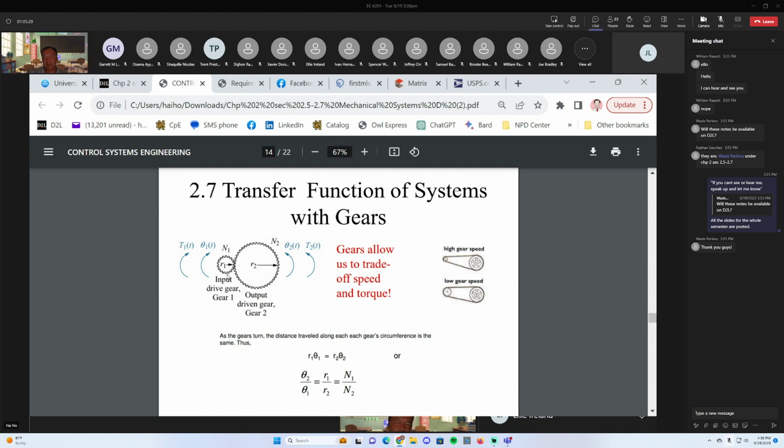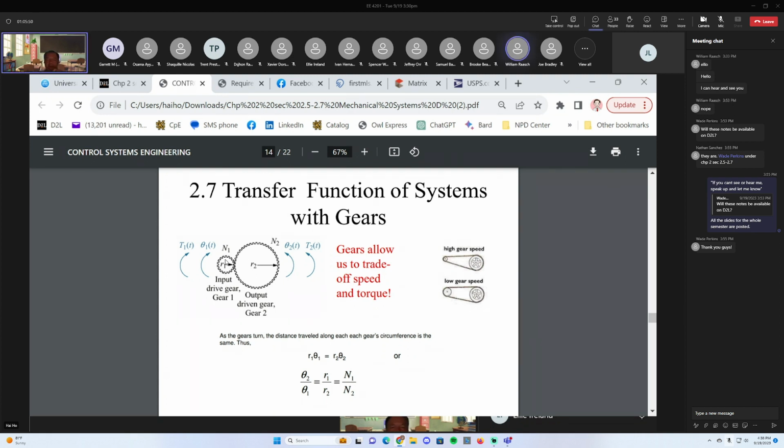So in this class, think of the small gear as the input gear and the big gear as the output gear. In other words, most of our applications are about amplifying the input torque using gear ratio.